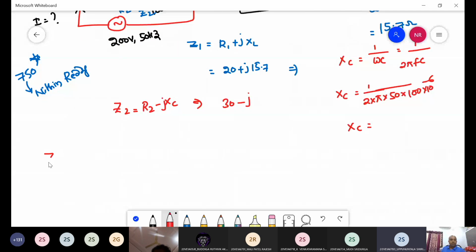Zero point 0314. How much? 0.0314. Calculate it properly. Twenty plus j.